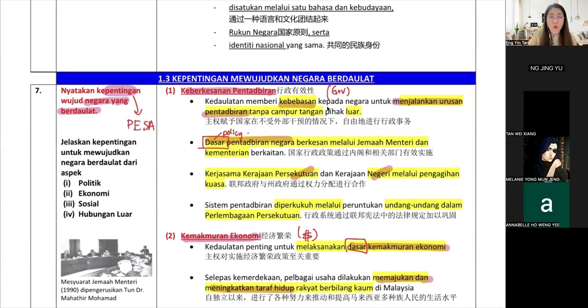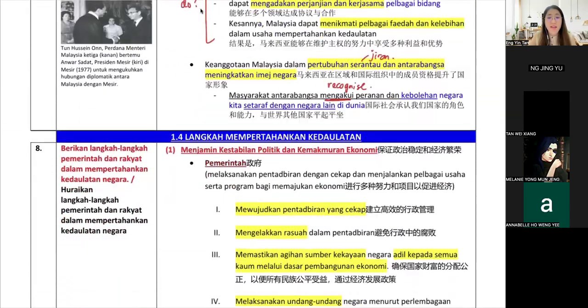Politics, economy, social, and antarabangsa. What's the importance in these 4 aspects? PESA. PES plus an A. Understand? You good, everybody? We are almost there.